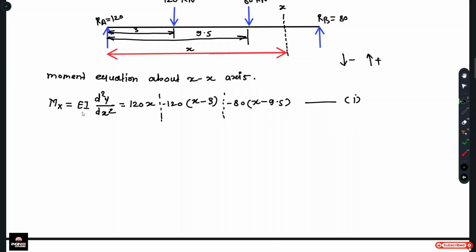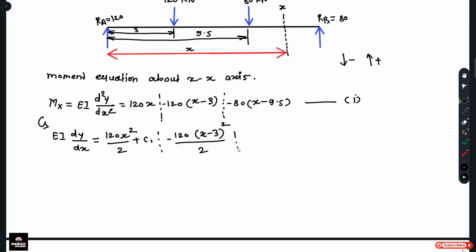So integrate equation 1 and we get EI dy by dx is equal to 120x square upon 2 plus C1, minus 120 times x minus 3 bracket square upon 2, minus 80 times x minus 9.5 bracket square upon 2. This is our equation 2.